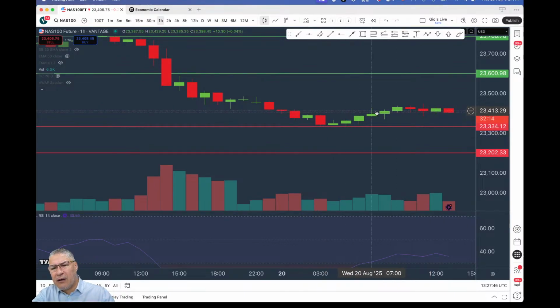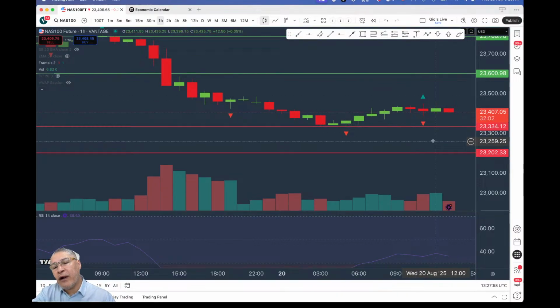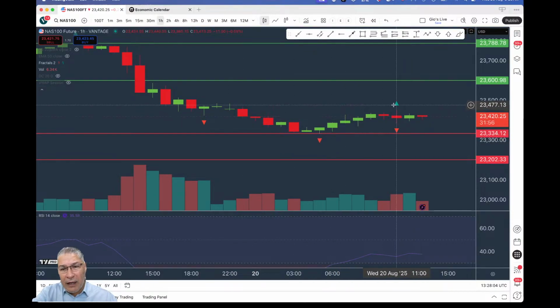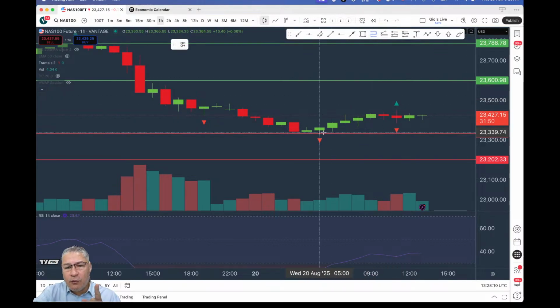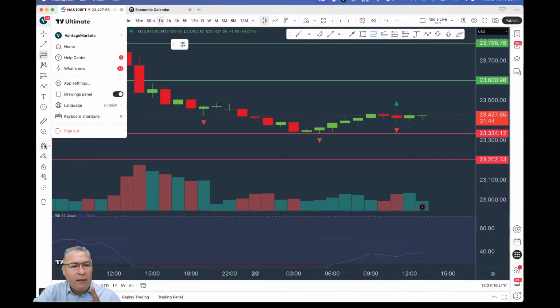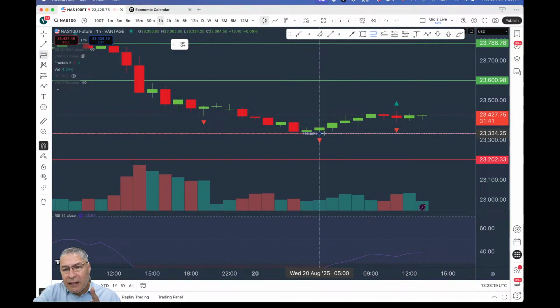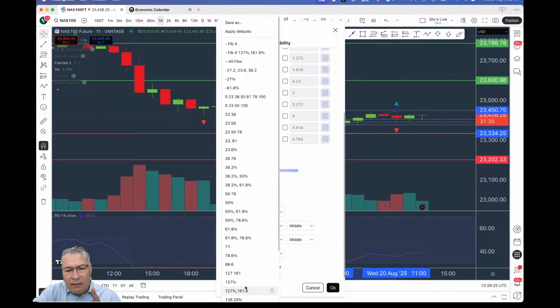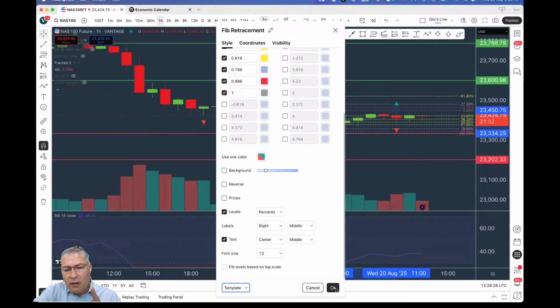So can we come in? This is a great setup for the fractals. Well, this has been taken out, but had we not had this particular low fractal here, using the fractals from a low fractal to a high fractal and combining that with the Fibonacci retracement tool, where you graph the low of that fractal and the high of that fractal, and in this case, I want to use my template of this.